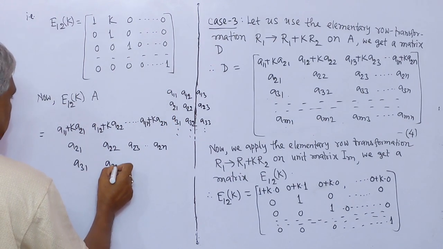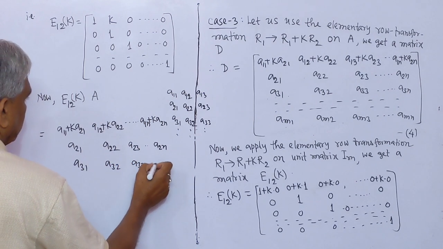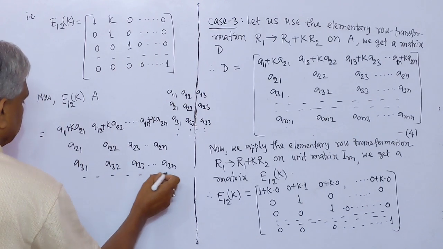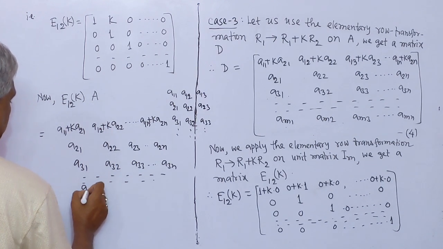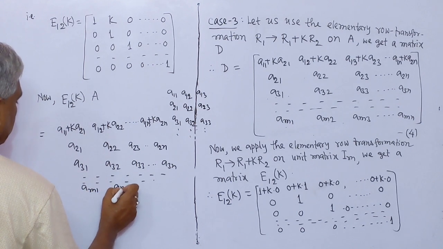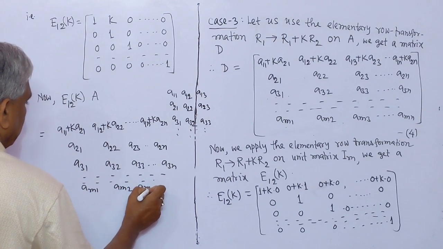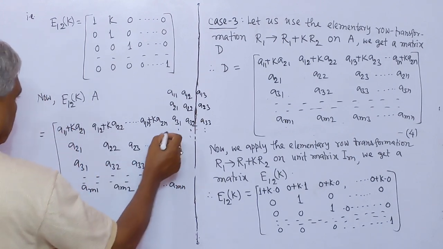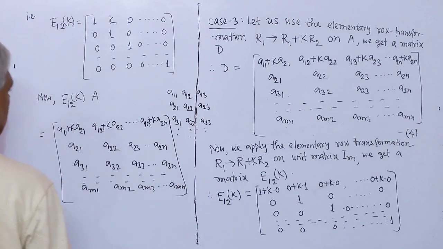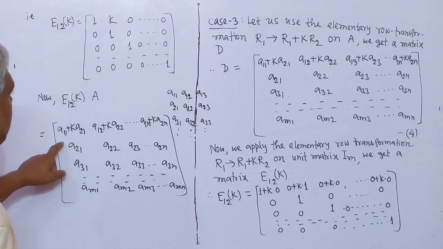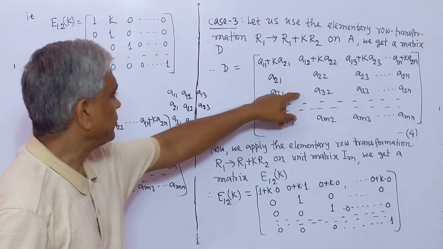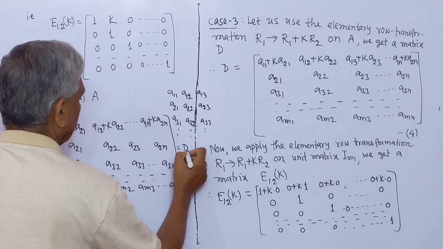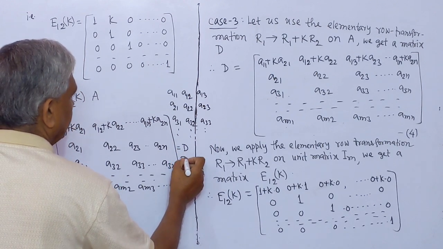Similarly, A32, A33, dot dot dot dot, A3n and others row will be same, Am1, Am2, Am3, dot dot dot dot, Amn. Here we see this is equal to this 4. So this will be equal to D from 4.